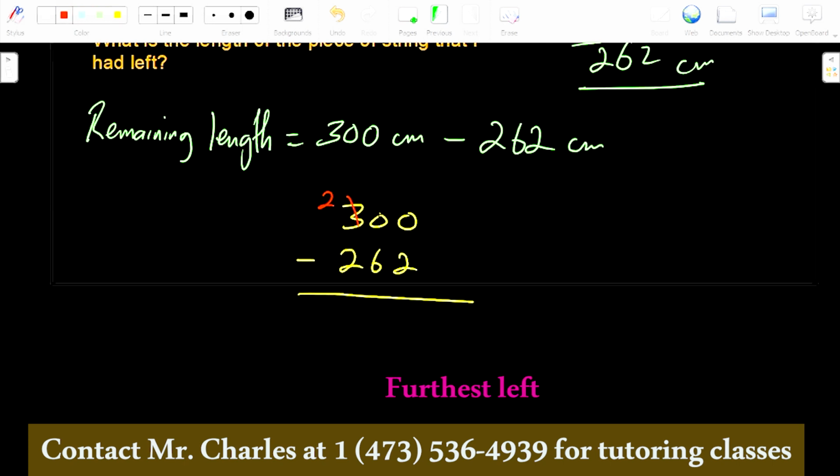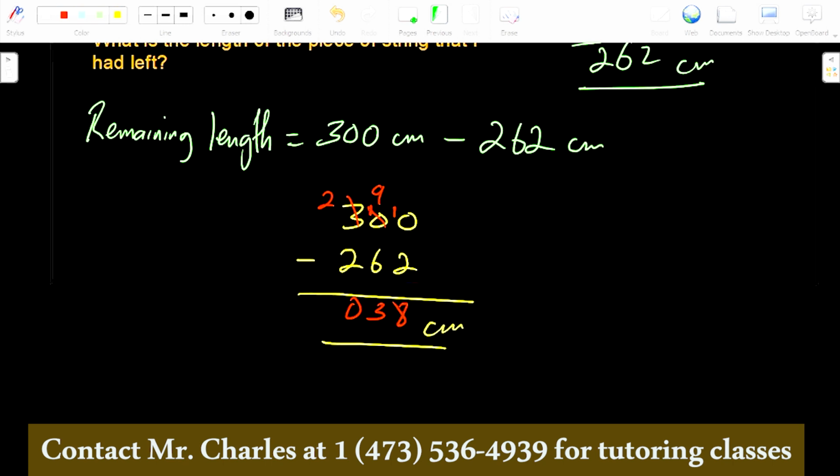We get 2 here, we put 1 next to the 0 in the tens place, cross it off, get 9. We borrow 1 from the 10 here, we get 9, and put the 1 by the 0. So 10 take away 2 is 8, 9 take away 6 is 3, and 2 take away 2 is 0. So we have 38 centimeters of string left, and that's the answer.